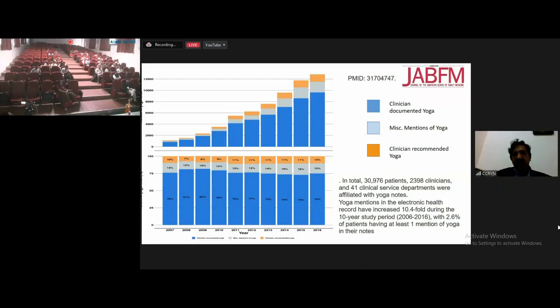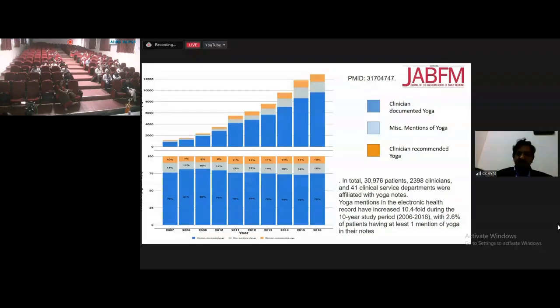In the sense, they used the term yoga, either they prescribed yoga or they wanted to ascertain whether the patient was doing yoga in their clinical notes. This is very important. It showed a 10.4-fold increase during the 10-year study period between 2006 and 2016 alone. 2.6% of these patients had at least one mention of yoga in their notes.